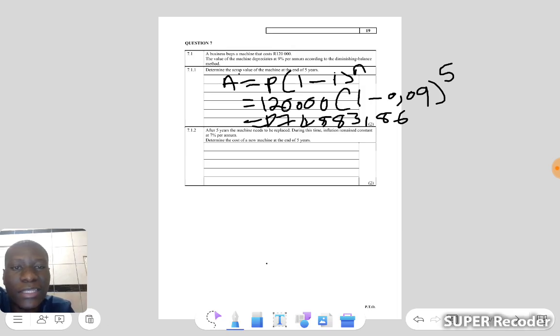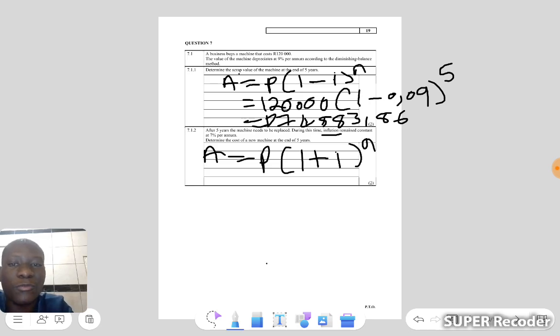That's the other keyword that we've got: inflation. I've underlined it. Inflation remained constant at 7% per annum. Determine the cost of a new machine at the end of 5 years. So now we are using A equals P(1 plus i), and this is the inflation formula.